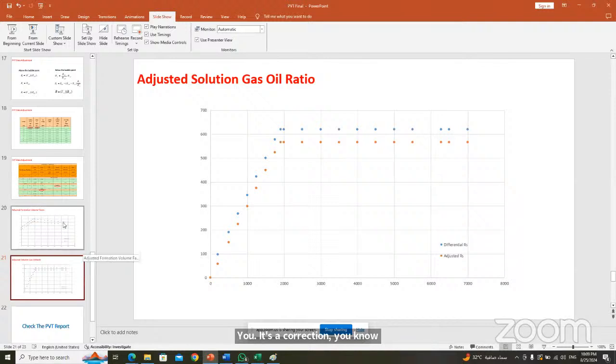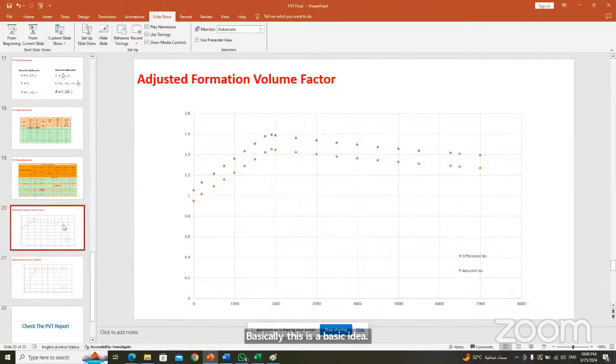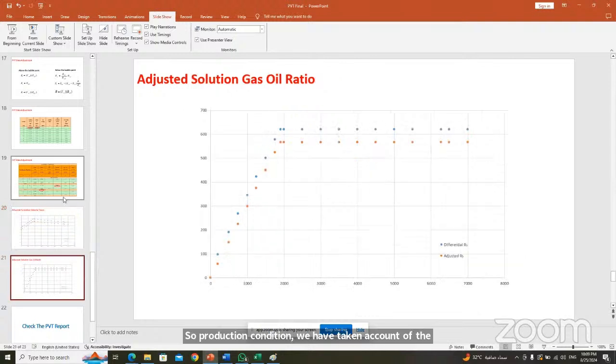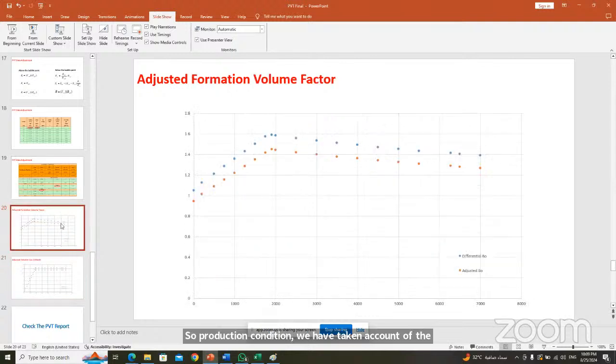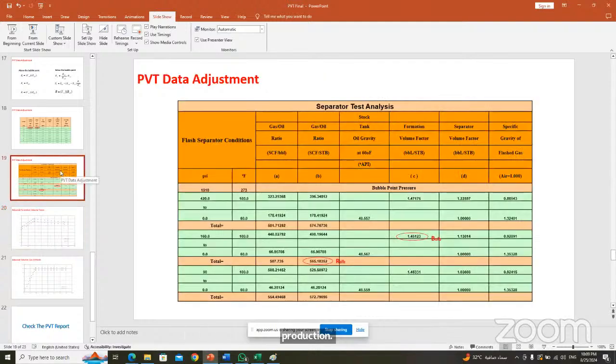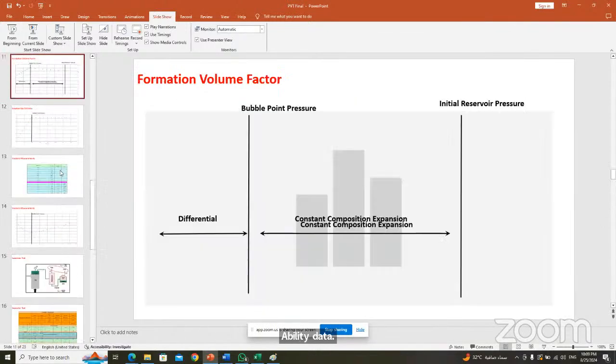So basically, this is the basic idea. In this way, we would have considered the production condition. We have taken account of the production condition in our PVT data.